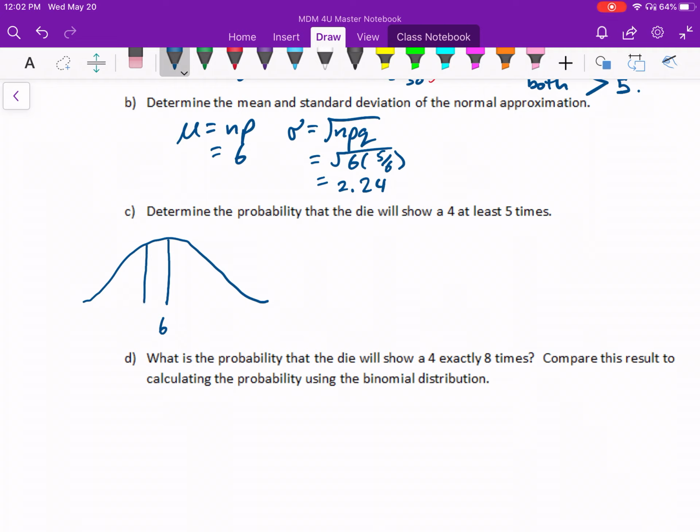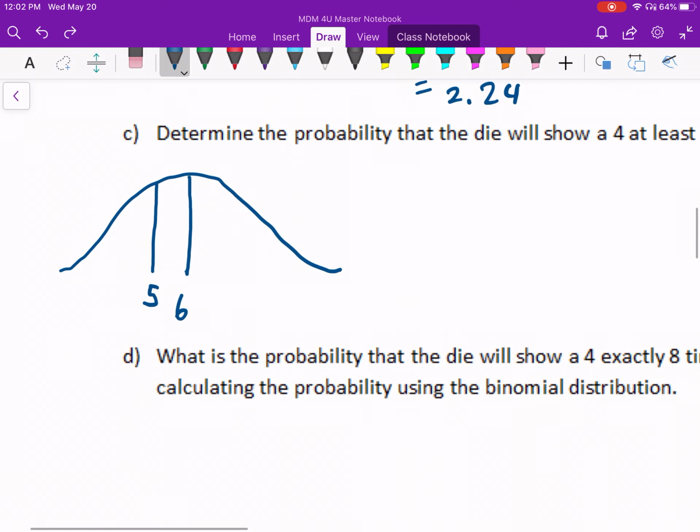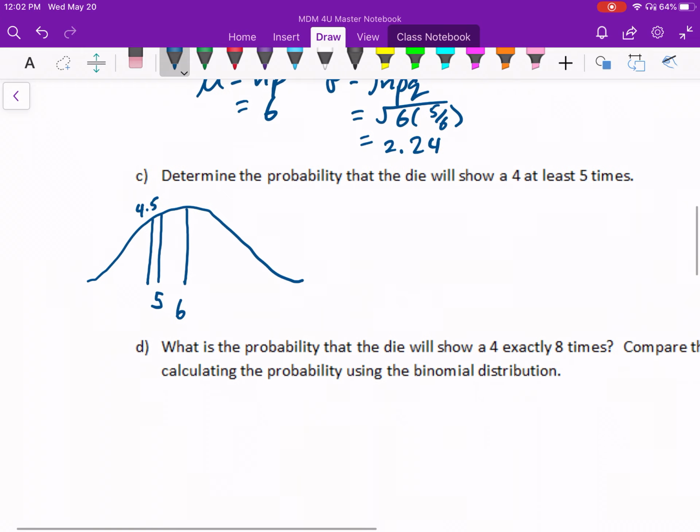So 5 is here. At least means I'm going to want the area to the right of wherever we're measuring from. But where are we measuring from? Due to the continuity correction, we're actually going to measure from 4.5. It's 4.5 because we want at least 5 times. In other words, we want to include the 5, so we go a bit below it.